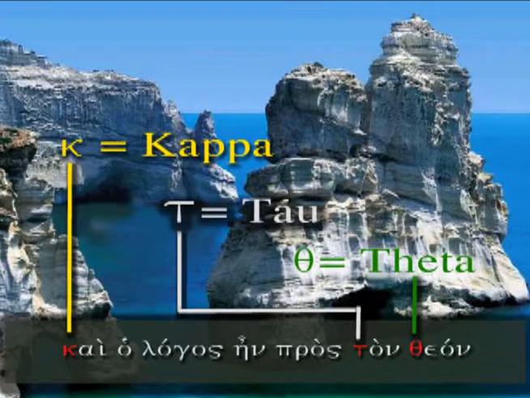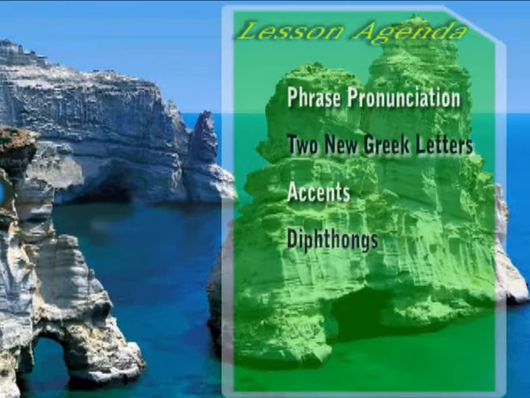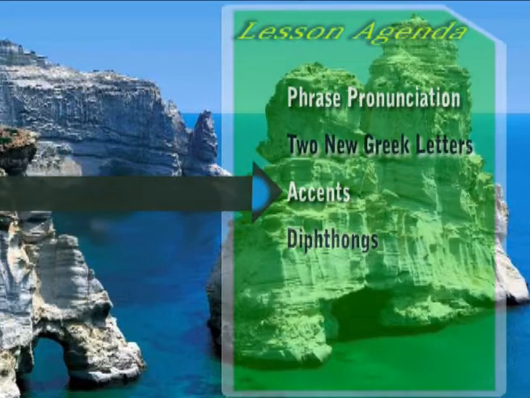Well, you're probably wondering, what about that third letter there? We haven't learned that, and you're absolutely right. It's the theta, and the theta is equivalent to the English blended sound of T and H, the sound like in those, this, theology.